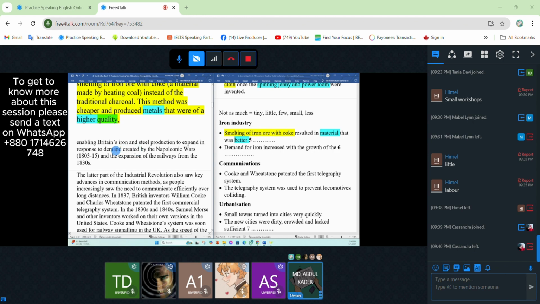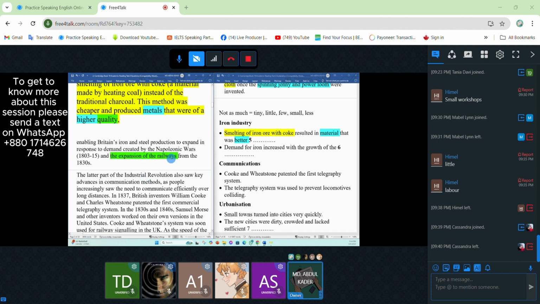So as the demand increased, at the same time there was the expansion of the railways from the 1830s, that means the growth of the railways. The expansion of the railways means the growth of the railways, similar meaning. Just look at this part.